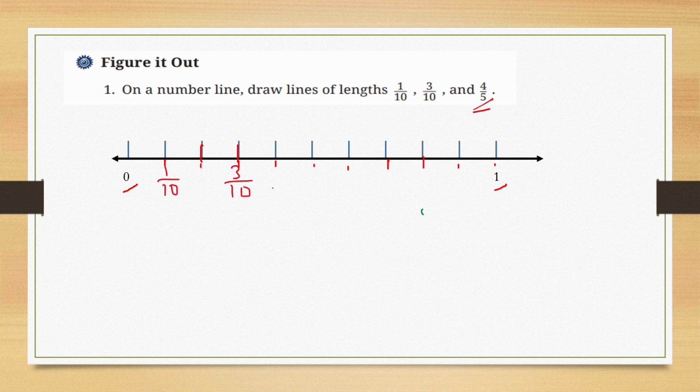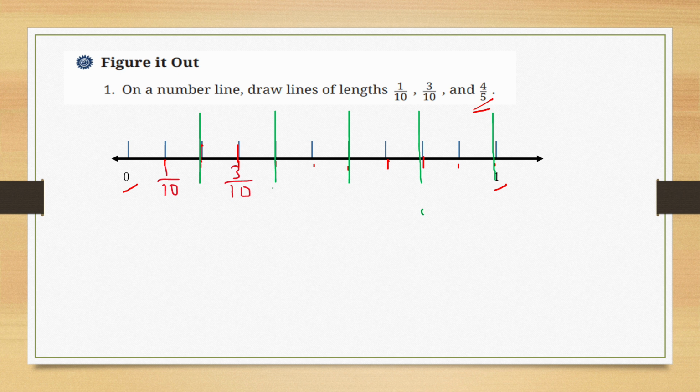Then, now, we have to mark 4 by 5. So, here, 1 unit is divided into 5 equal parts. So, this is the first part, second part, third part, fourth part, then fifth part.